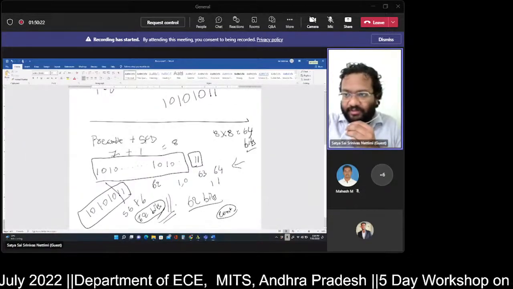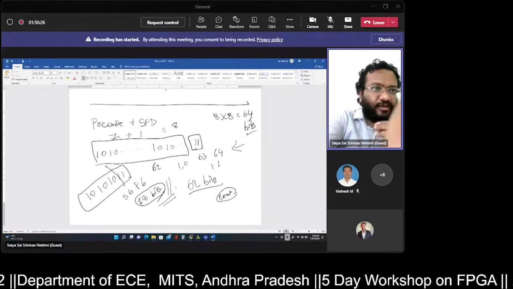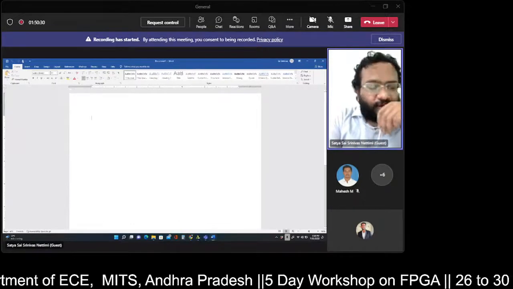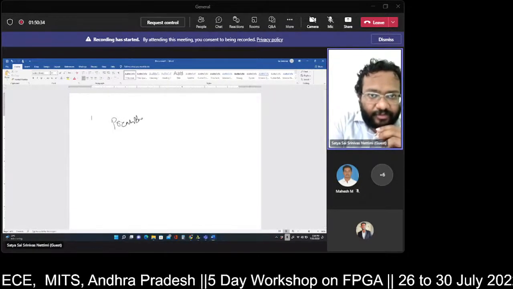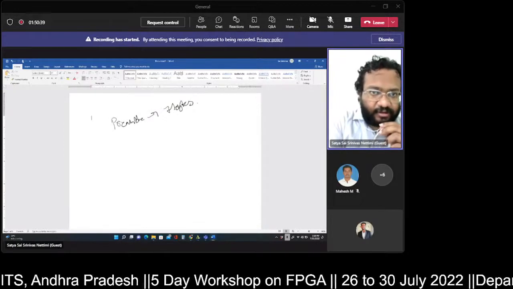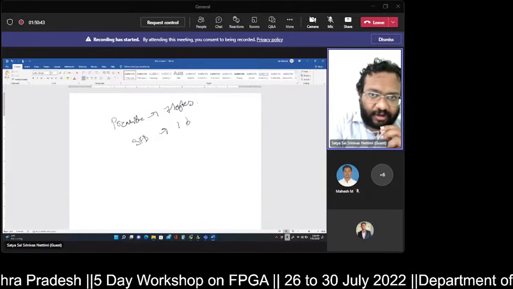Actually, I made one small mistake. I will make a correction. We are dealing with the preamble, that is 7 bytes. This is clear. And the start frame delimiter, that is 1 byte.